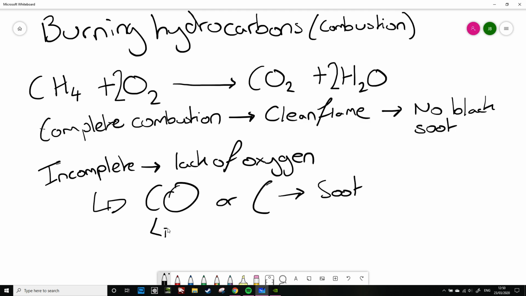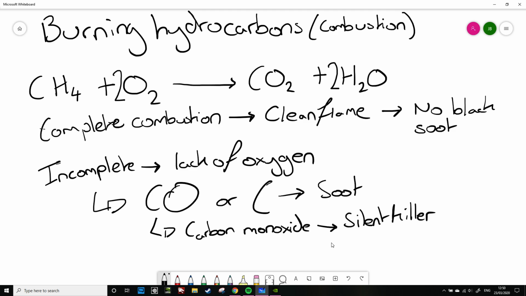This is what we call carbon monoxide, and this is the silent killer. It's dangerous. You can't smell it, can't see it, and it will slowly kill you because it blocks oxygen getting into your cells, in short.